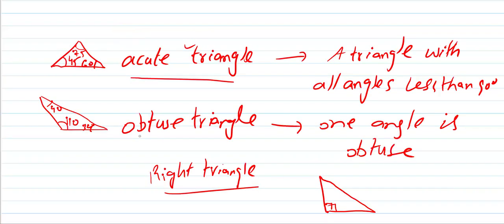In trigonometry, we have to deal with two types: right angle, and non-right. This is the right angle. Any triangle not having a right angle is a non-right triangle.